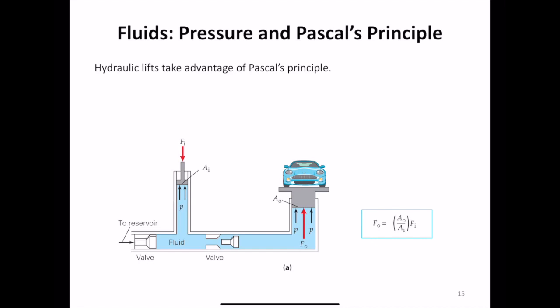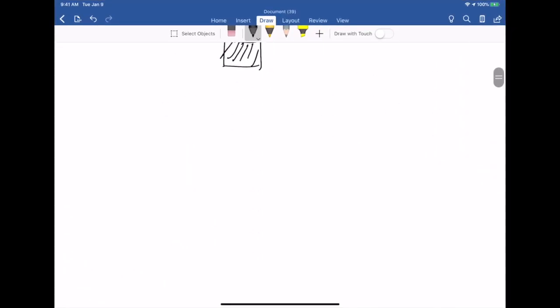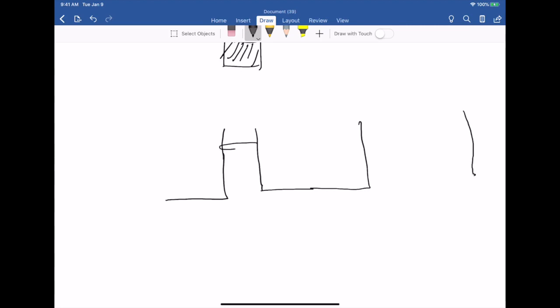Let me just quickly explain this. The way a hydraulic lift works is the following. You have these two cylinders with pistons, and they're completely filled with some hydraulic fluid.